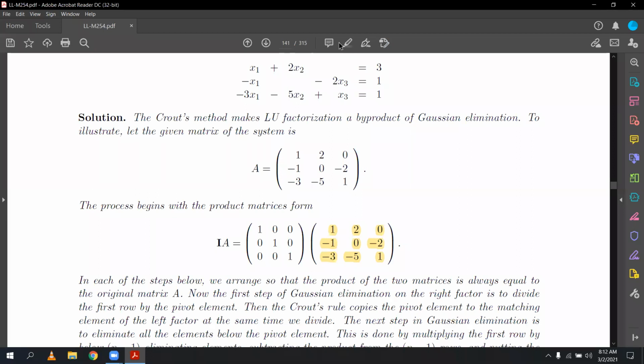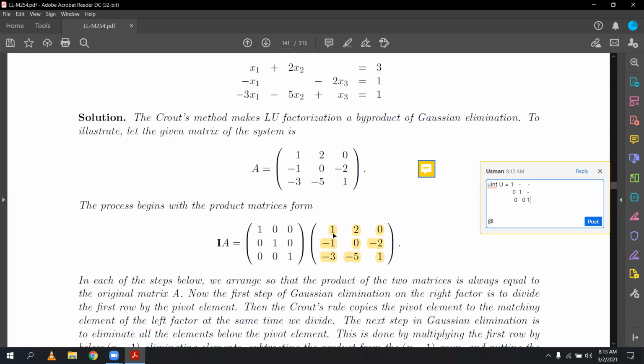Because if you look at the unit upper, what does the unit upper matrix look like? It is 1, and you have some elements. Then you have 0, you have 1, and you have some elements. And the last row you have is 0, 0, and 1.